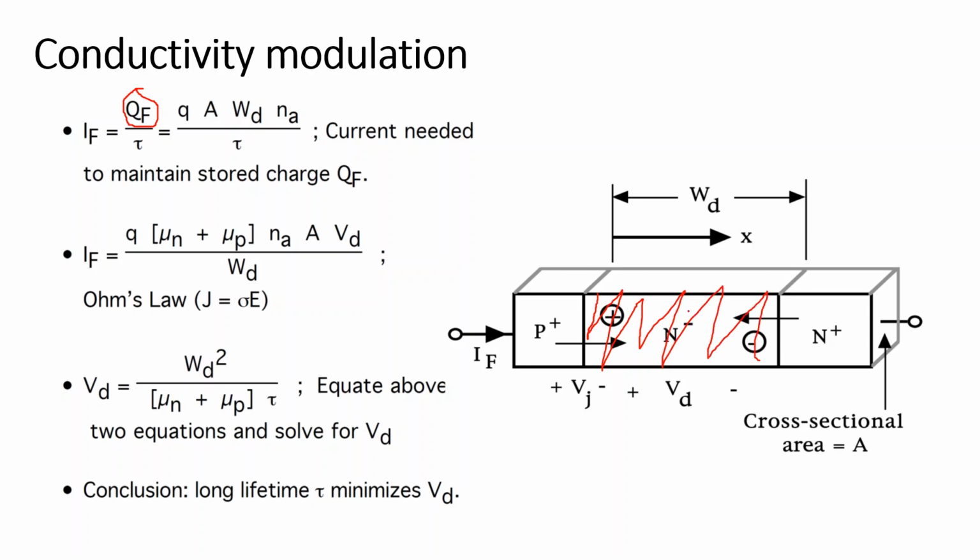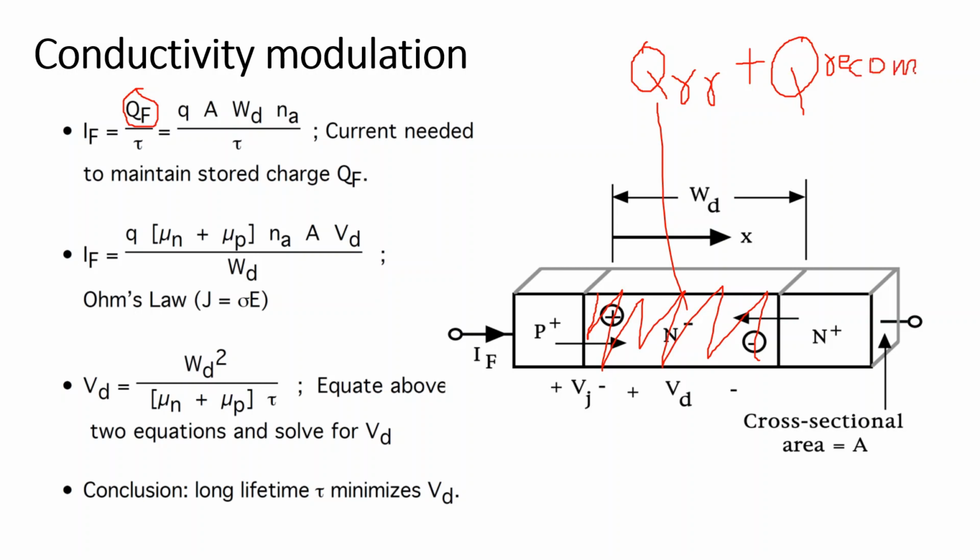So some of this charge is removed by reverse current, so we call that charge which is removed by reverse current QRR. Then there is some small amount of charge which will be lost due to recombination, because holes and electrons will recombine also.